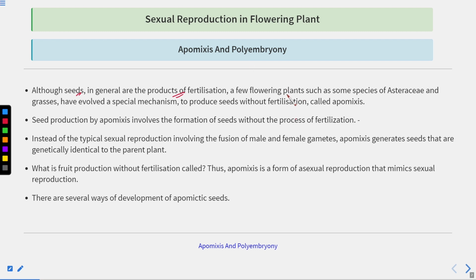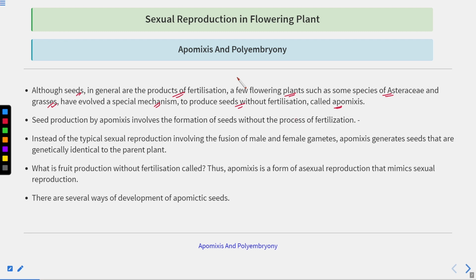Now all the seeds in general are the products of fertilization. A few flowering plants, such as some species of the Asteraceae and the grasses, have evolved a special mechanism to produce seeds without fertilization, and this is known as apomixis. So what is apomixis? The production of seeds without fertilization, means without the fusion of the male and the female gametes, the seeds are being produced.